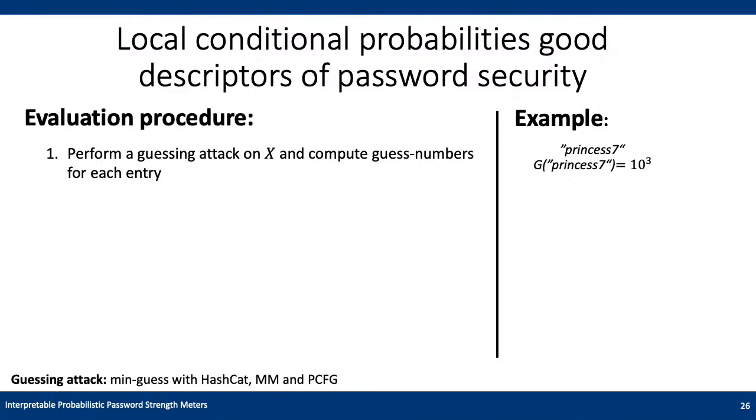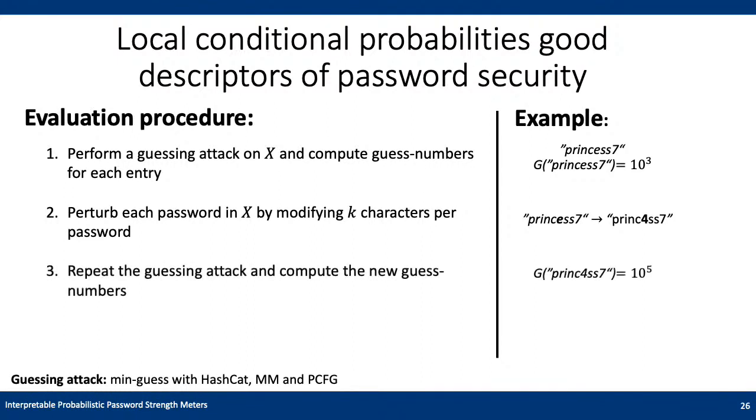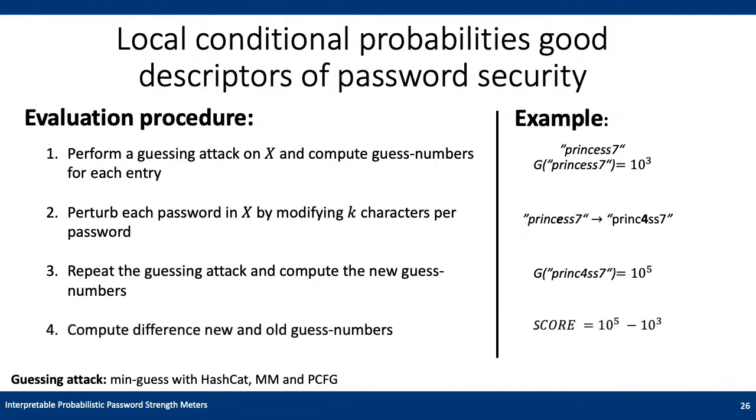That is, how many guesses an attacker has to perform in order to guess a specific password. Then we apply a perturbation on each password by modifying key characters of the string. And then again, we perform a guessing attack on the perturbed passwords and compute the new guess numbers. Finally, we compare the old and the new guess numbers to measure the security improvement caused by the perturbation.